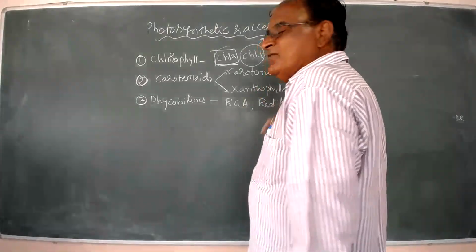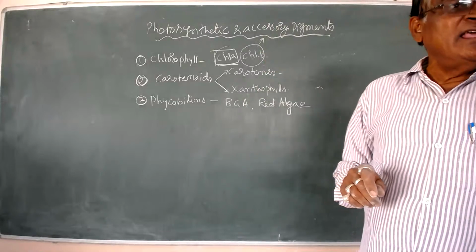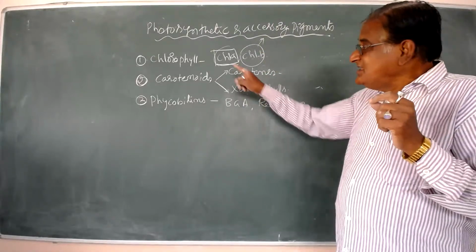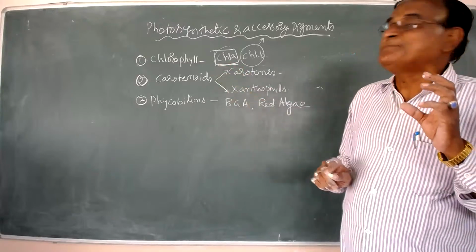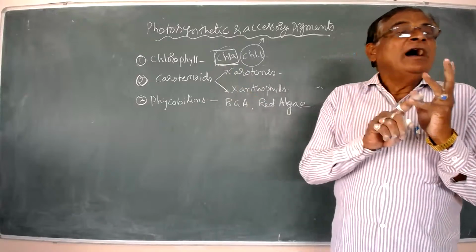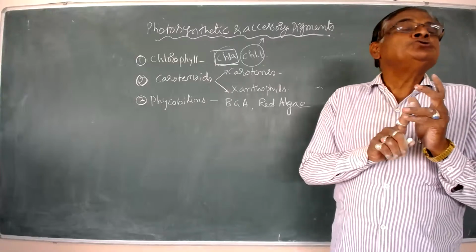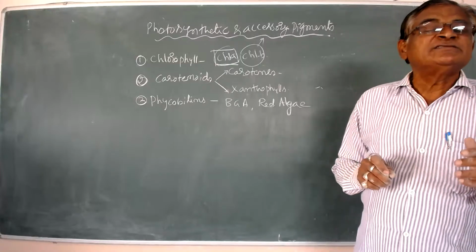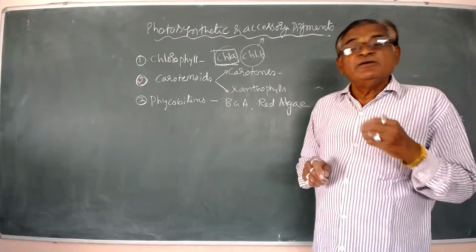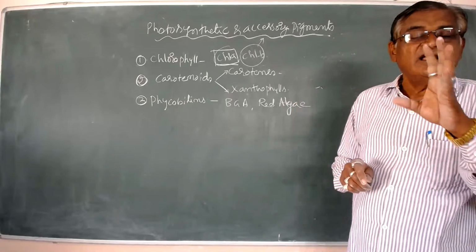Now coming to carotenes, they are unsaturated, and these pigments are insoluble in water and soluble in organic solvents, that is ether and acetone. In the practical you will be studying the separation of chlorophyll pigments by using acetone.